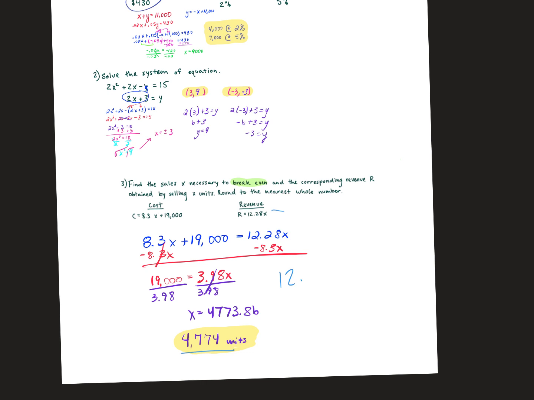So it'd be 12.28 times your 47.74. So if you multiply that, 12.28 times 47.74, you get about 58,624 and 72 cents. So that was just the second part of that question.